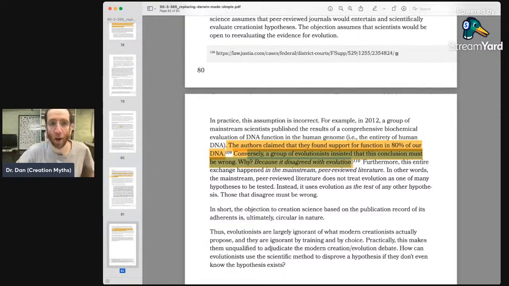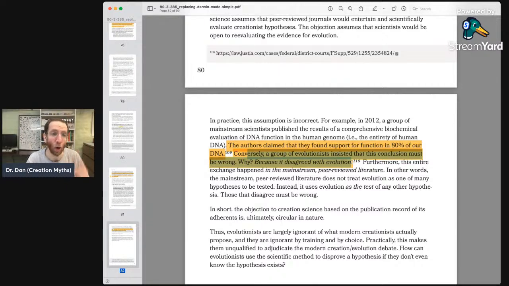People like Dan Graur and other people said that the ENCODE project got out over their skis with their conclusion that 80% of the genome is functional. This is just wrong. They didn't say that's wrong because it disagrees with evolution or it has implications for evolution. That's not the counter argument.